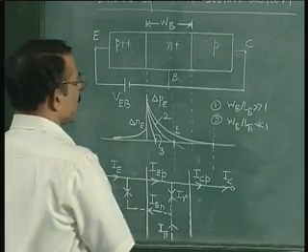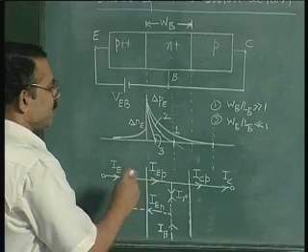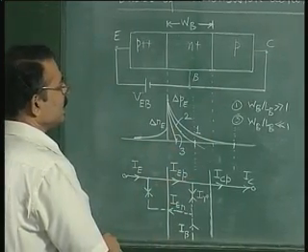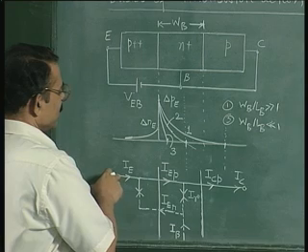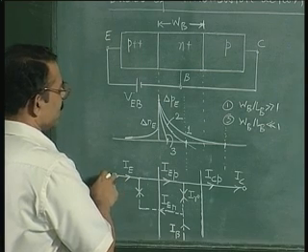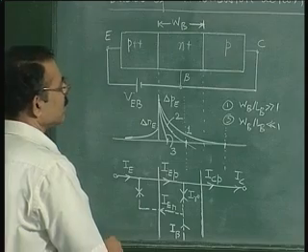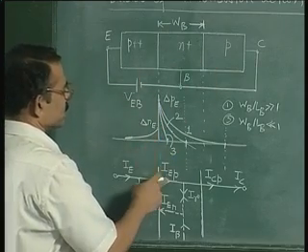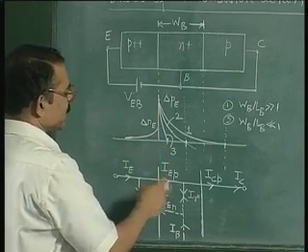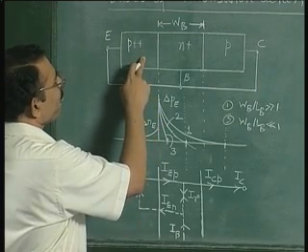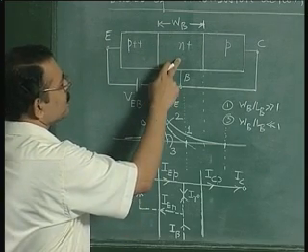Now at this point I also want to explain why the terminals are called emitter, base and collector. It is very clear from here that this contact is called emitter because it seems to be emitting the current of both holes and electrons, but in a PNP transistor it is mostly holes. Clearly IEP is much greater than IEN. This is clear here because doping here is much more than doping here.